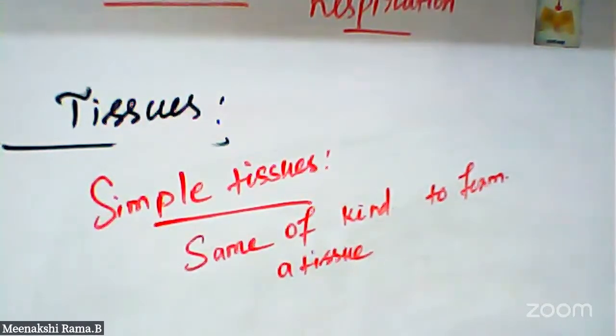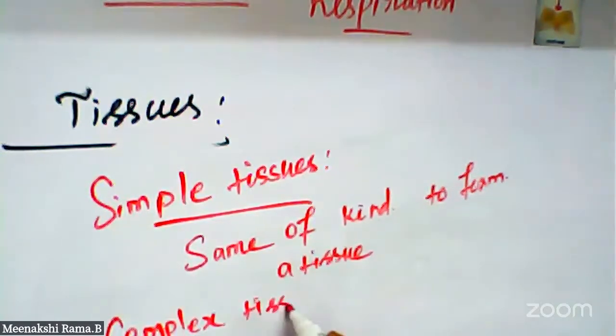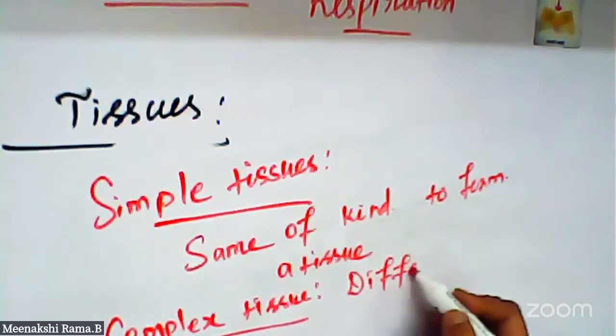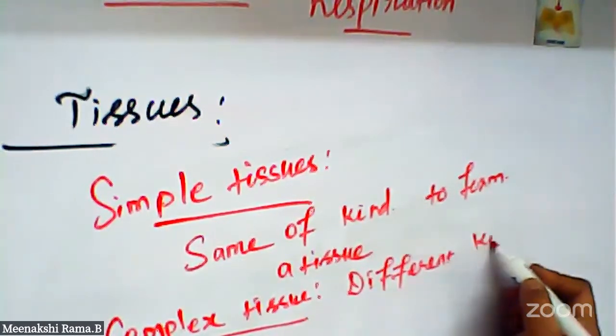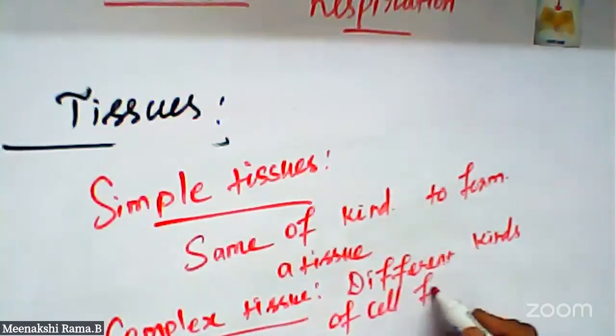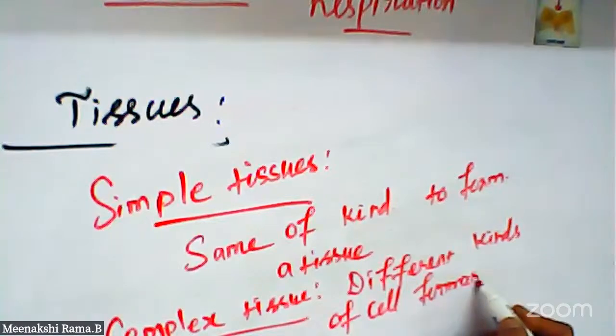Different kinds of cells are made to form a complex tissue. Complex tissue is nothing but different kinds of cell formation joined together.